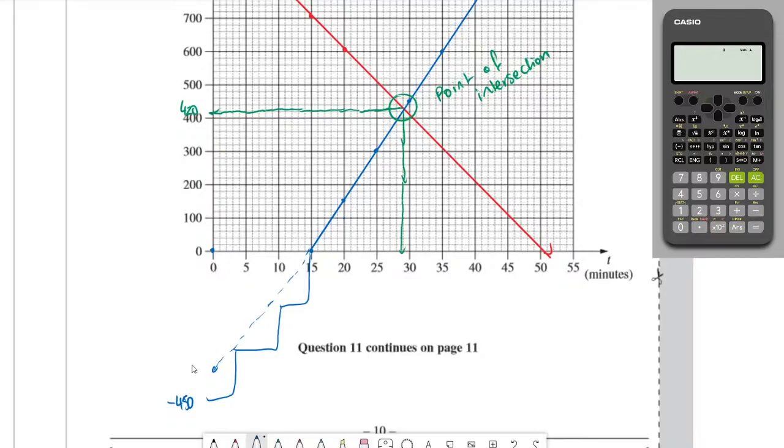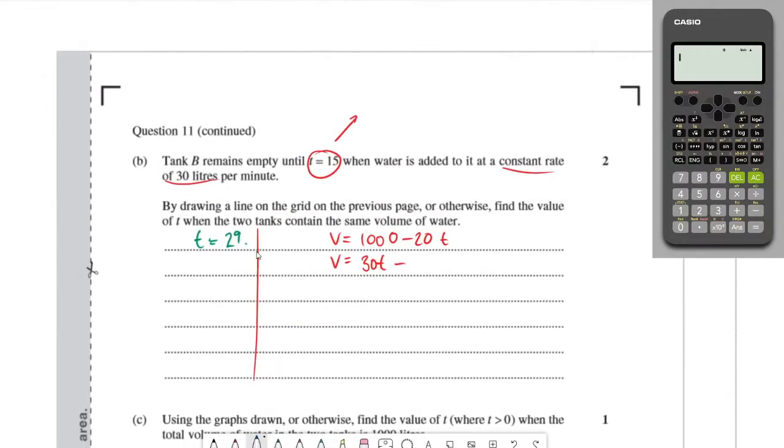From there, we can solve these two equations simultaneously. Because these are both equal to V, I can make them equivalent to each other. So 1,000 minus 20T is equal to 30T minus 450.